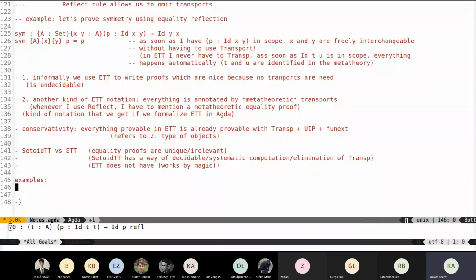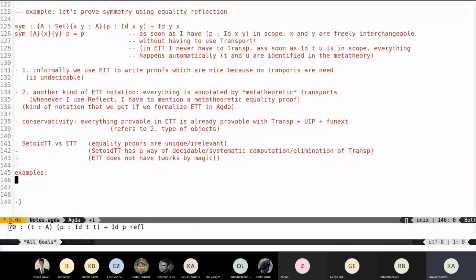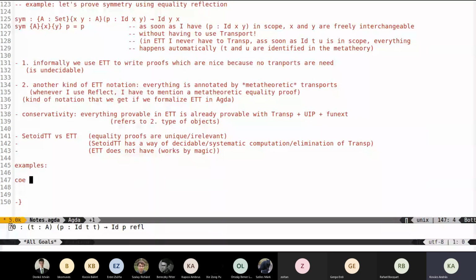So I can give a concrete example, which is a way of omitting a transport in setoid type theory. In setoid type theory, I can have something like a coercion.